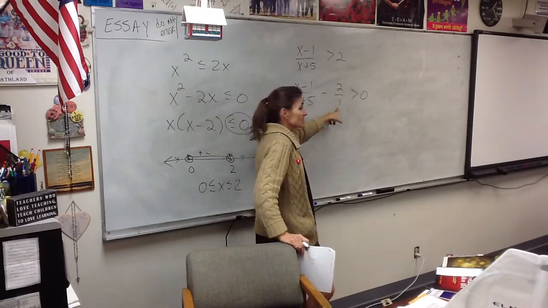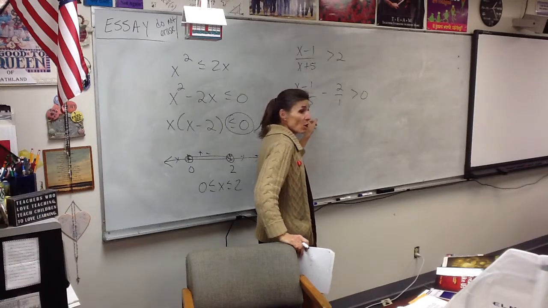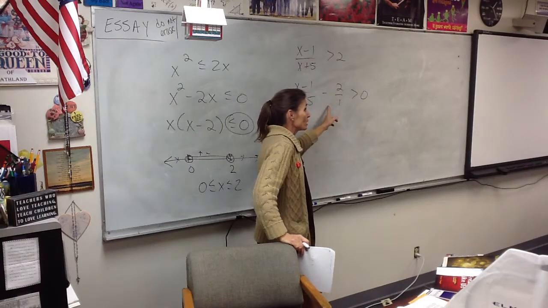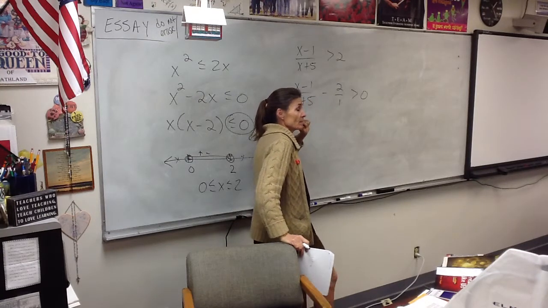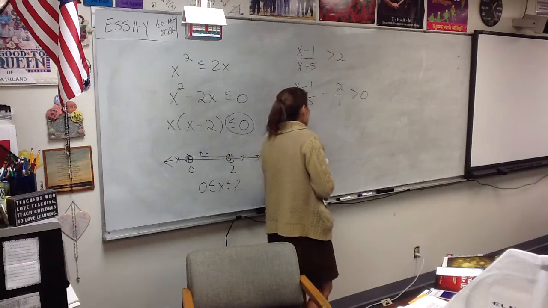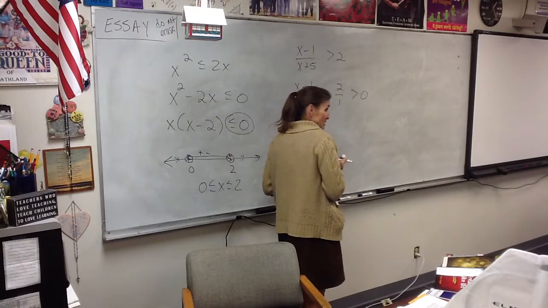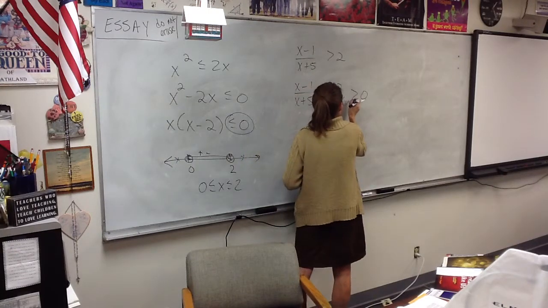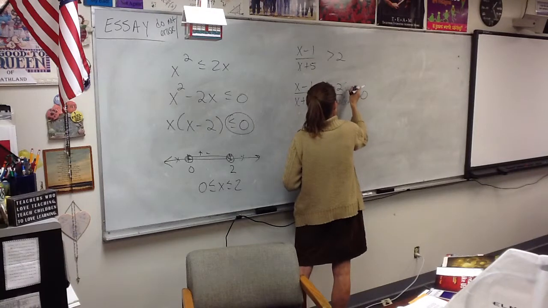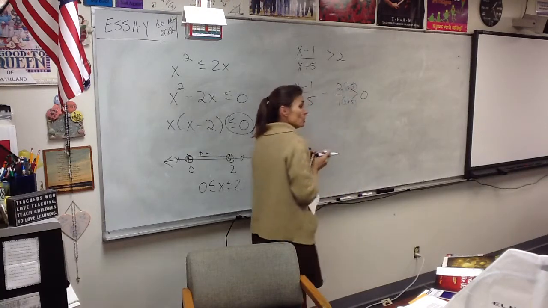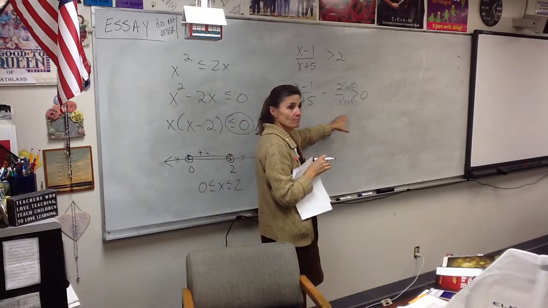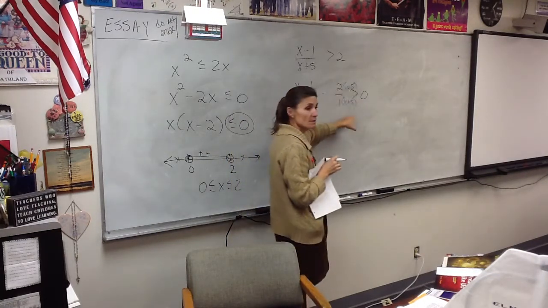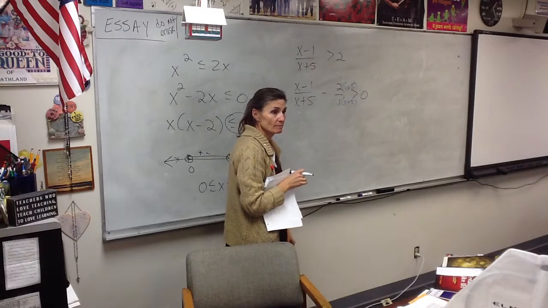If we want to make one fraction, we're going to need a common denominator, and that common denominator will be x plus 5. So I need to make sure that the 2 has a denominator of x plus 5. So I'm going to multiply the top and the bottom by x plus 5.